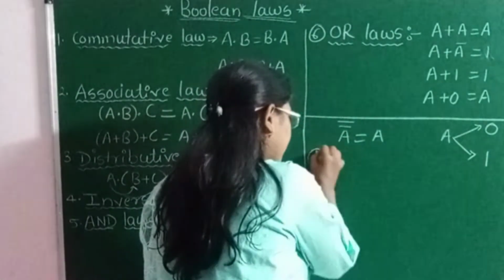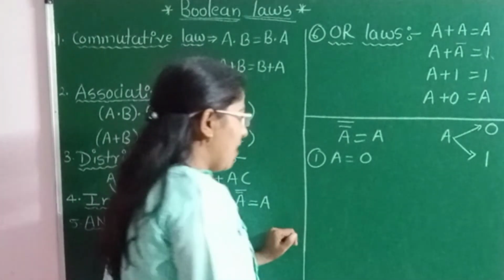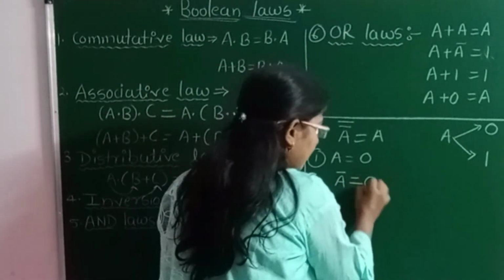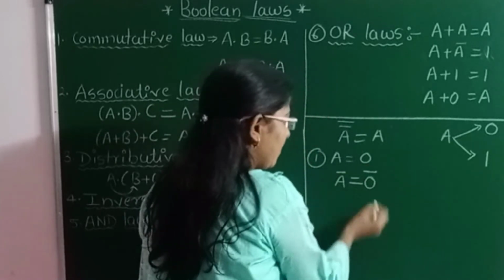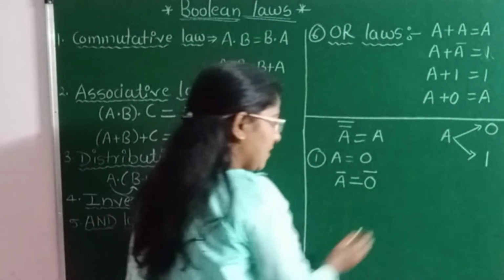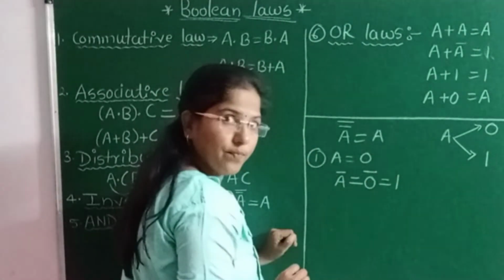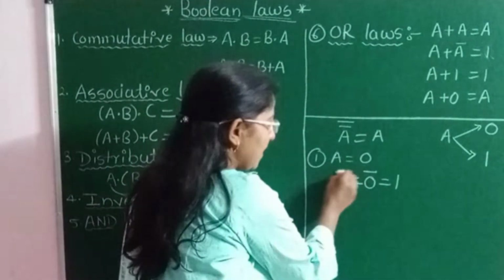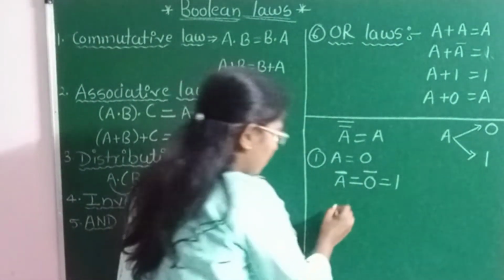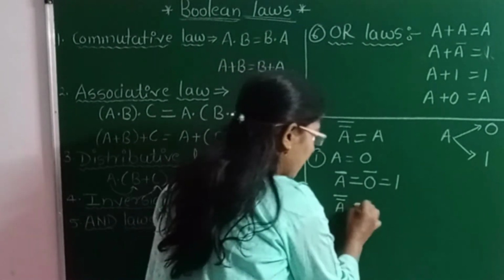First I will consider A is equal to 0. Now I will find the complement of A. The complement of A means the complement of 0, because the value of A is 0. It is equal to 1. So the complement of 0 is equal to 1. This is a single complement. What I want is its double complement. So I will write A complement and its double complement equal to.